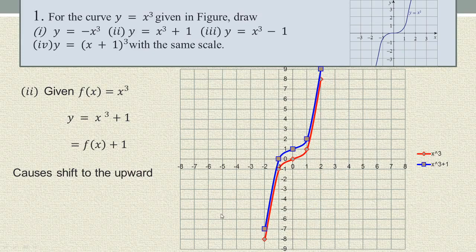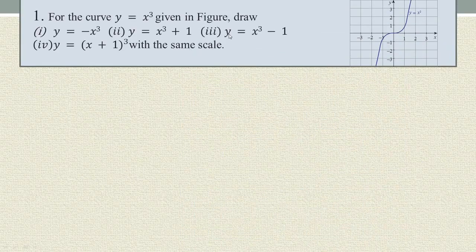So the shift is upward. In this way you can draw the curve without plotting the points. Are you able to understand? Yes. And then the third subdivision, you have y is equal to x cube minus 3. Given f of x is equal to x cube.